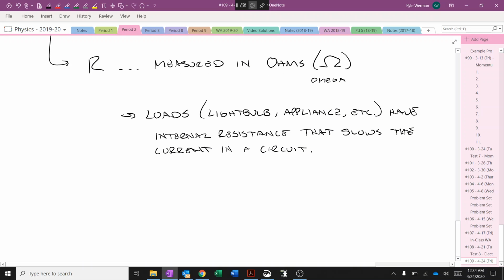And even the wires themselves can have some resistance. Right? So a wire, which is actually made out of a conducting material, so by definition, it should not add much resistance, right? Conductors allow free flow. Wires do have some resistance, but they have a very low resistance.